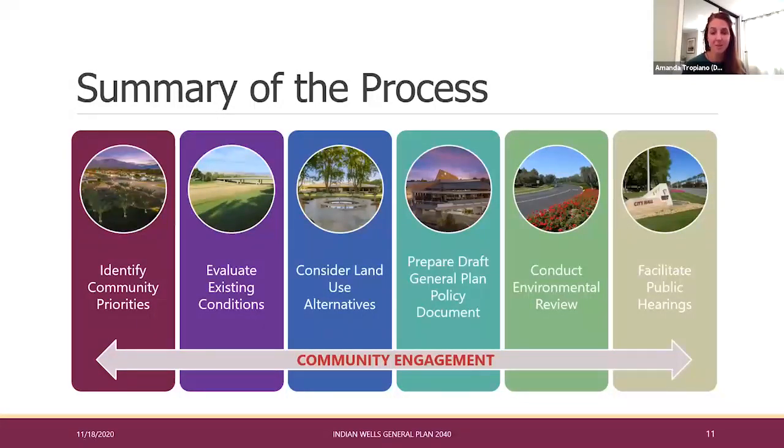We'll be studying the potential environmental impacts associated with the project by preparing a program environmental impact report, and then presenting all of these documents through the public hearing process to your Planning Commission and your City Council.